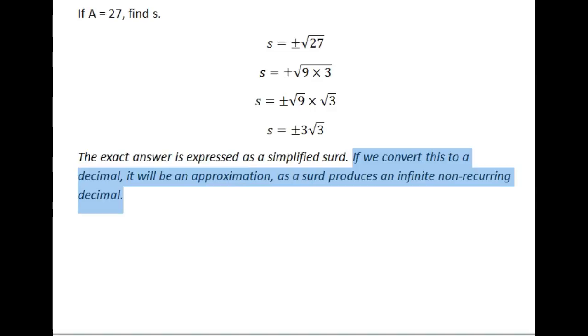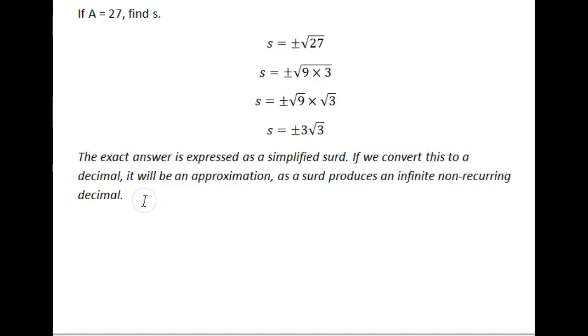If we instead convert this to a decimal, our answer will only be an approximation, because surds are irrational numbers. An irrational number cannot be written as a fraction. That means that if we try and write them as a decimal, it produces an infinite, non-recurring decimal, a little bit like pi.